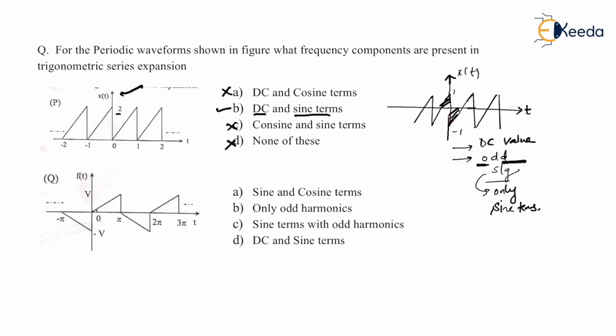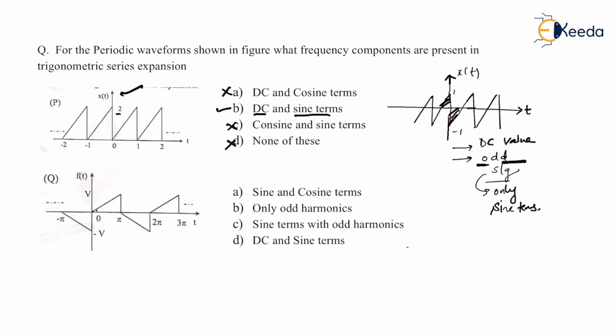So how do we go about checking half wave symmetry? Let me remind you again. As I said, you have to observe a negative half cycle and take a mirror image of it. The mirror image of the negative half cycle would be like this. As you can see, whether you shift it towards right or towards left, it fits very well. Am I right? And in that case, it is definitely a half wave symmetry signal.